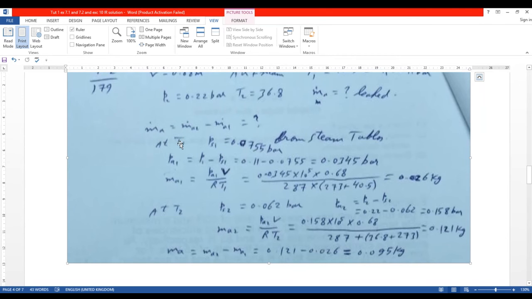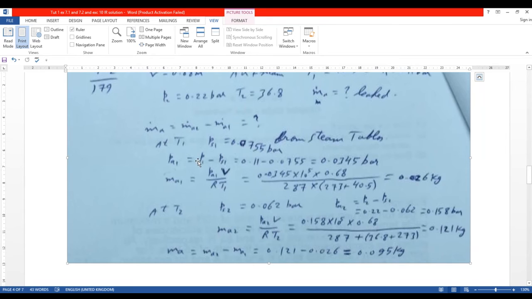Right, so how to find MA1 and MA2? At T1, we find PS1, the saturated pressure, partial pressure of steam at T1. So from the steam table at T1, we can find the partial pressure of steam PS1, 0.0755 bar. This is from the steam table.